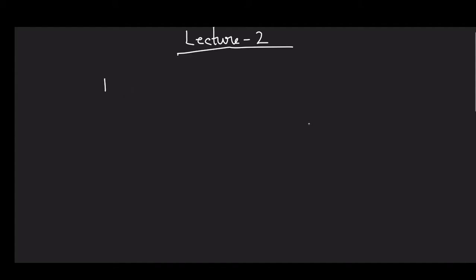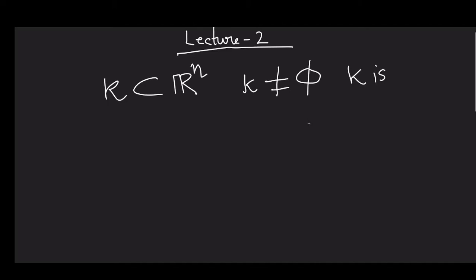If we have a set K belonging to Rn, we sometimes call K the domain of the function, and how we define this K, I will tell more on that. K is non-empty, and also K is compact. By the word compact, it means it is closed and bounded.